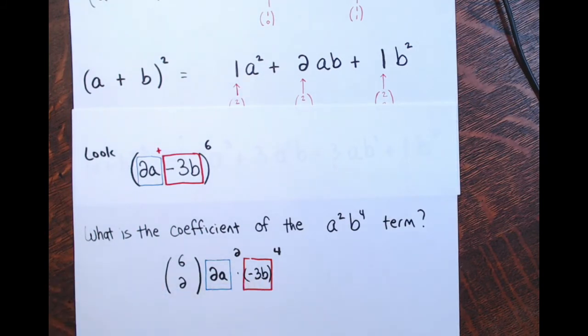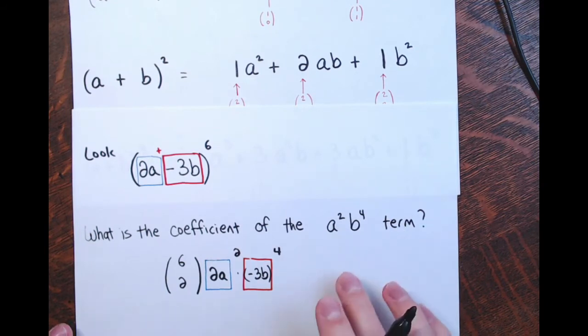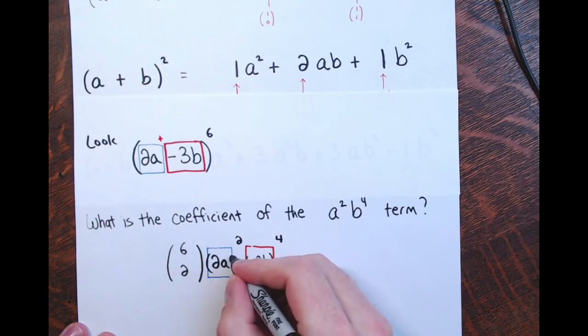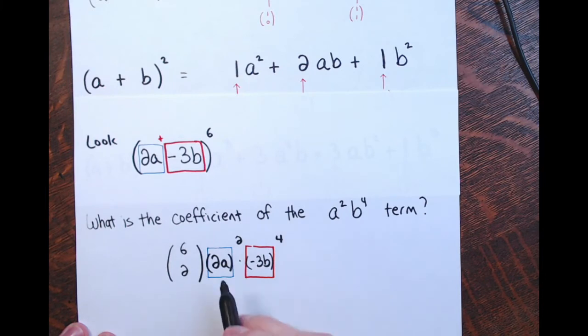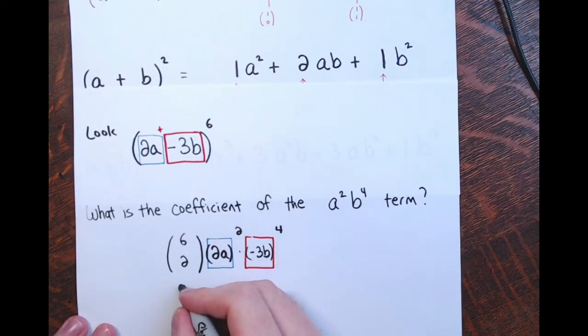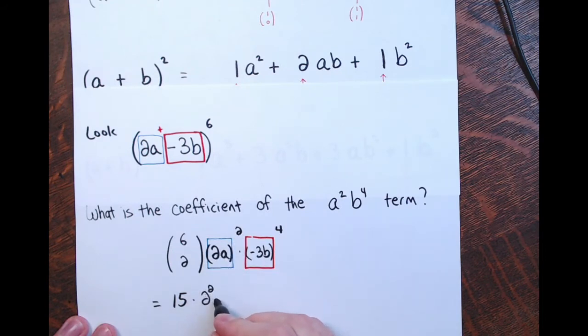And then I'm going to multiply this out and get the number that's in front of a squared b to the 4th. Okay, so again, this is in parentheses 2a to the 2nd, in parentheses negative 3b to the 4th, right? The first term to the second term to the 4th. Now, 6 choose 2, that'd be 15, times 2a to the 2nd, which is 2 squared a squared, and then negative 3b to the 4th is negative 3 to the 4th b to the 4th.